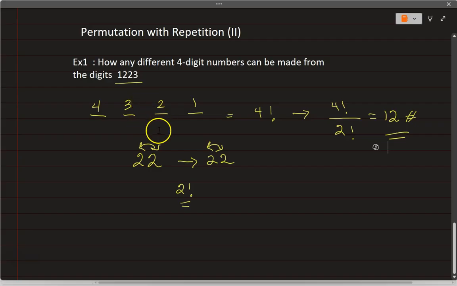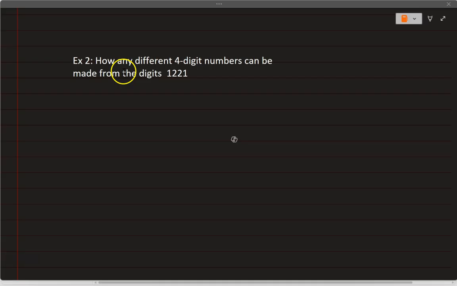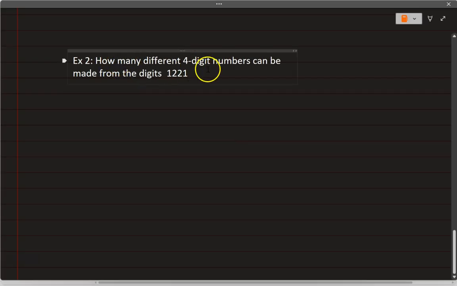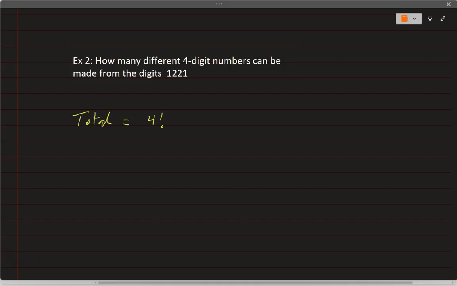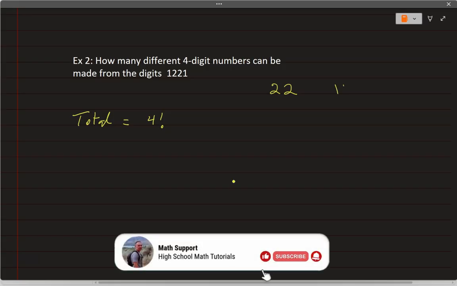All right, let me give you another example. How many different four-digit numbers can be made from the digits 1, 2, 2, 1? Now we have two pairs. Again, the total will be 4 factorial, but we have two digits that are repeated: 2, 2 and 1, 1.